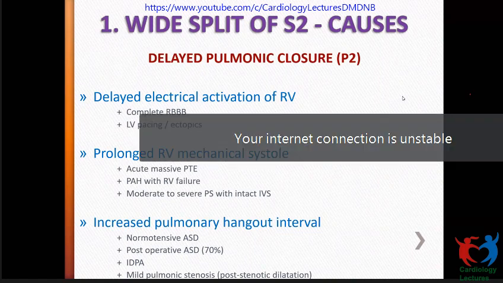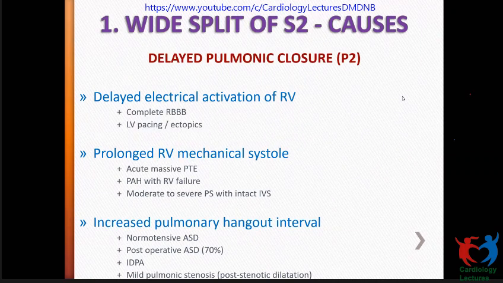But in all these four, although there is paradoxical split, the intensity of either A2 or P2 does not change. Whereas other causes of paradoxical split, like LVOTO, LV dysfunction, obviously AS, which is a classical LVOTO, HOCM, the intensity of A2 also changes. Okay, that's what you should understand.